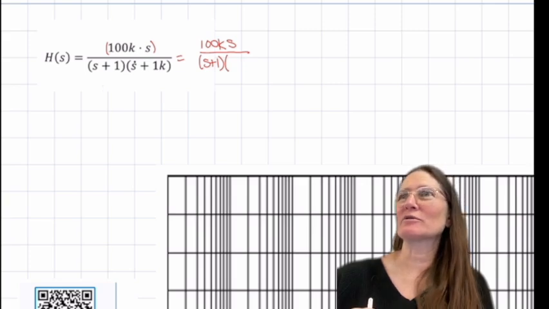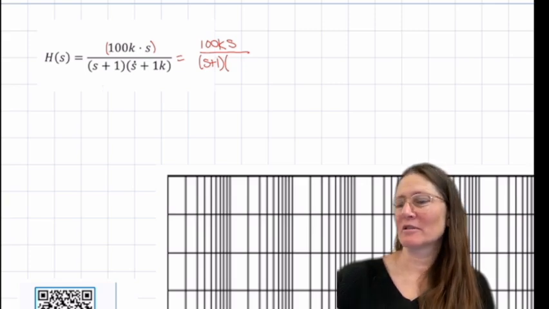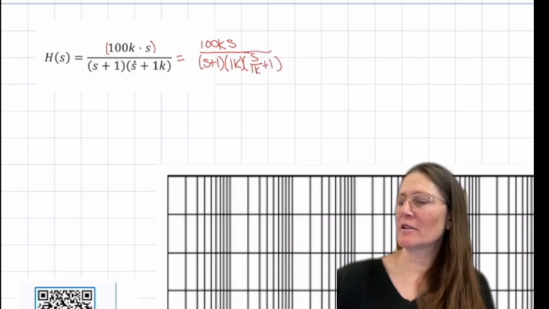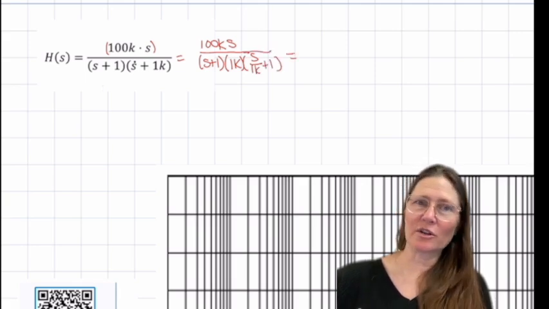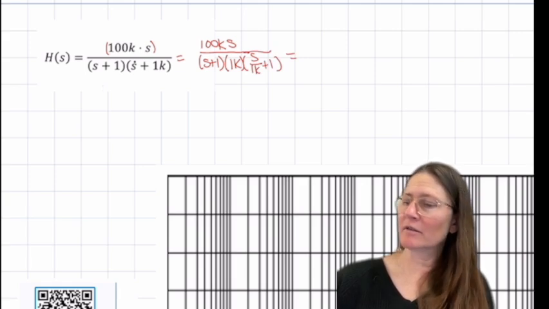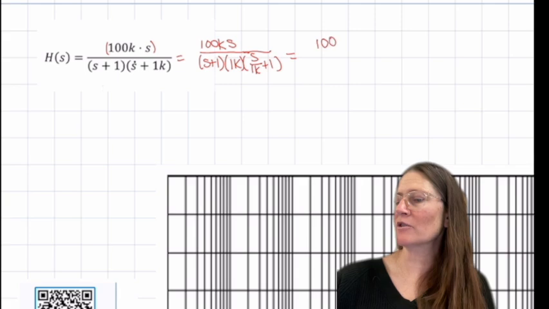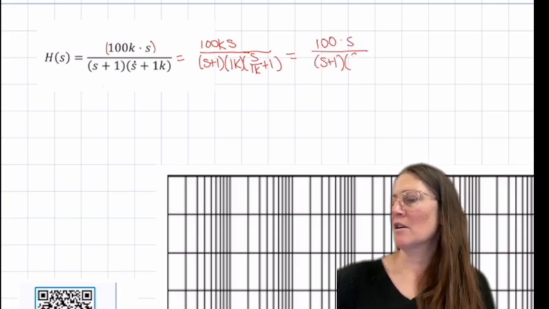What do we need to do? Bring out the 1K. And that will turn it into this. And then we take the 100 divided by 1K. So that just leaves 100 S on the top and an S plus 1 and an S over 1K plus 1.